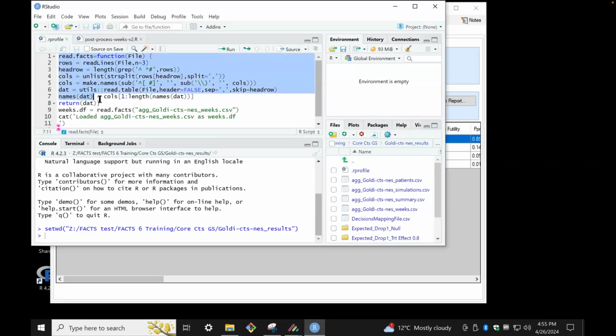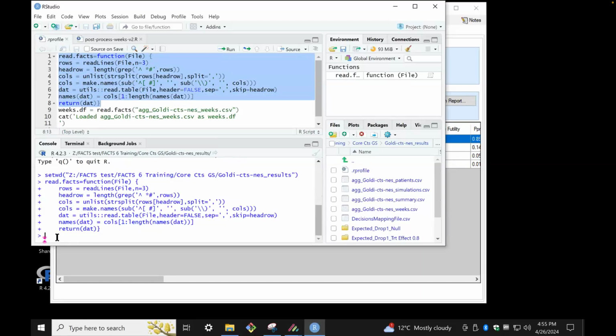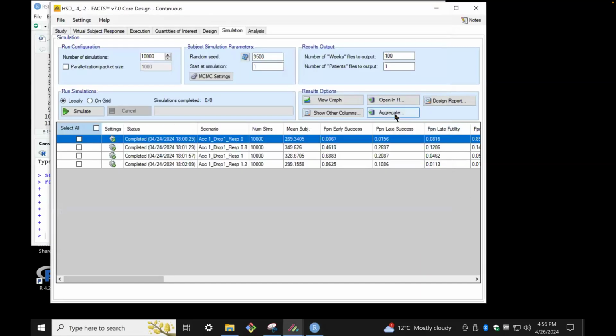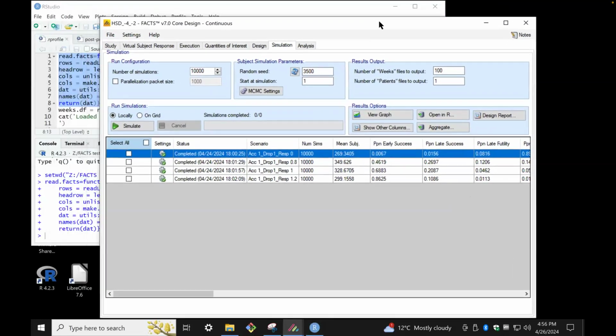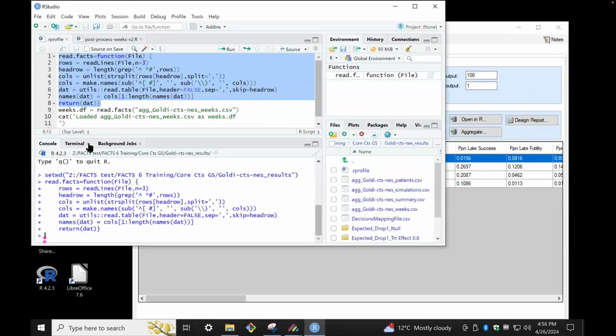So I copy my read FACTS file function, which you get whenever you do load into R from FACTS. And then we want to read that file in.